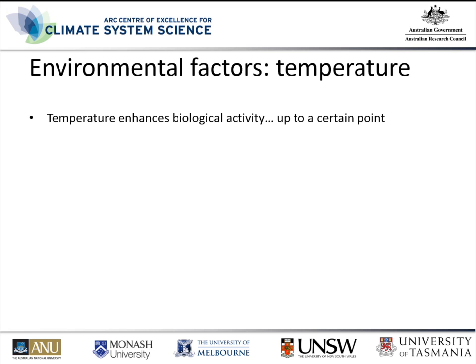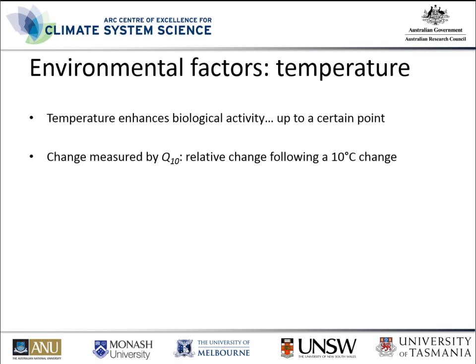The way environmental factors are parameterized, so the effect of temperature, for example, on activity. So by definition, we think that temperature enhances biological activity, which is true up to a certain point. So if the soil is frozen, for example, there's hardly anything going on there.